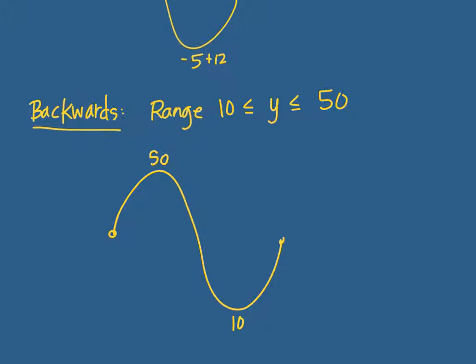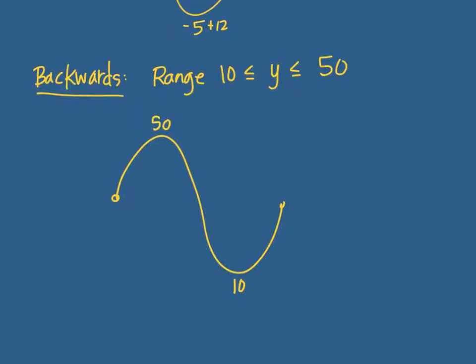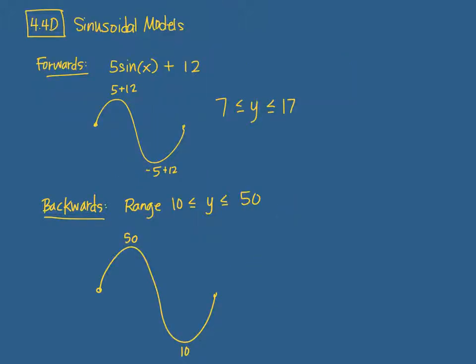Can anybody work backwards in their head and figure out what it was before it was 50 and 10? Because it's clearly been shifted up. Think about it, and I'll give you a minute to think. All right, let me help you think about this.